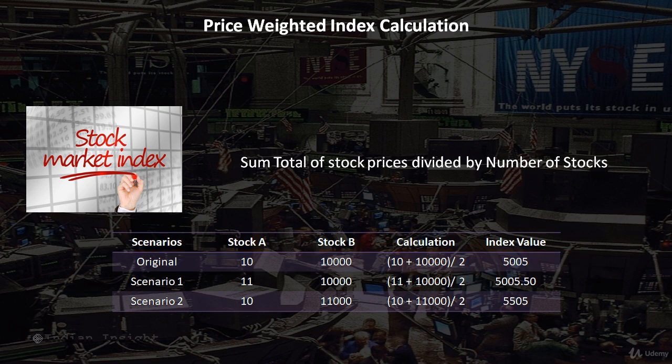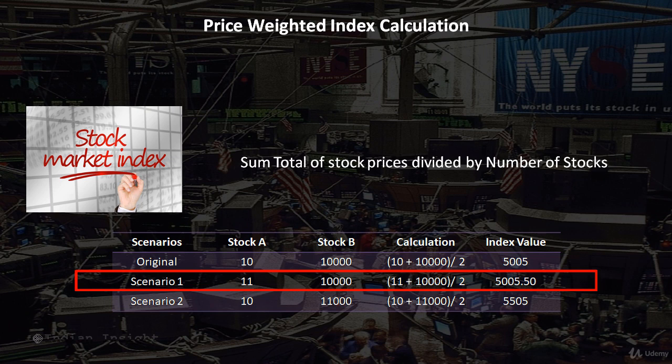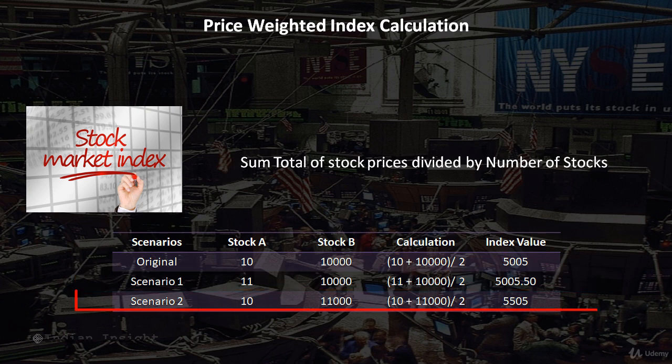Now suppose stock A were to move by 10% while stock B remains unchanged, the new value of the index would be (11 plus 10,000) by 2, which comes to 5005.5. On the other hand, if stock A remains unchanged while stock B moves by 10%, then the new value of the index will be 5505.